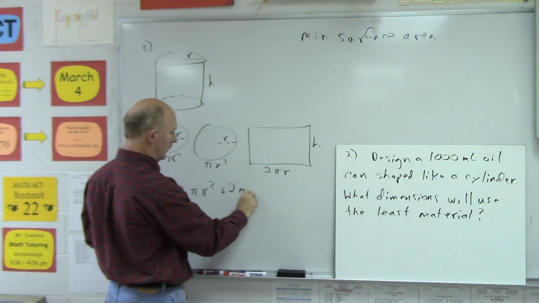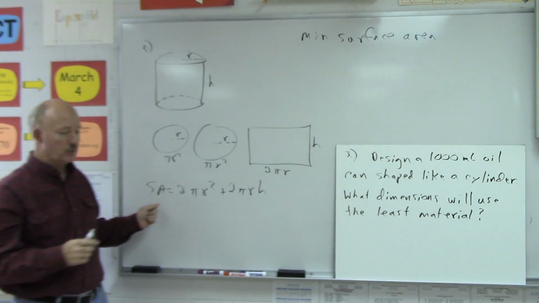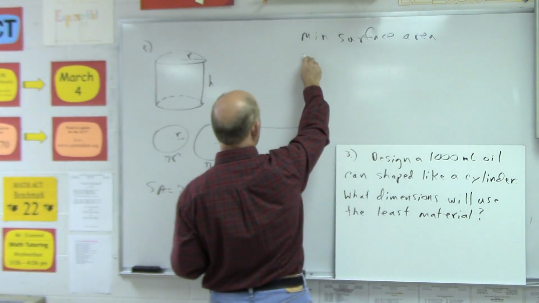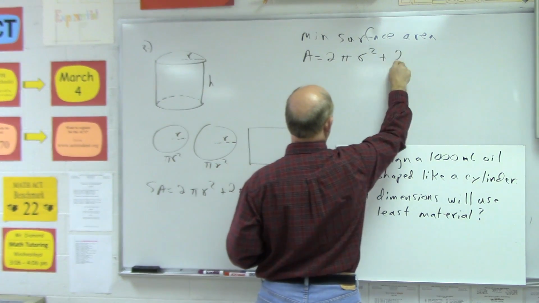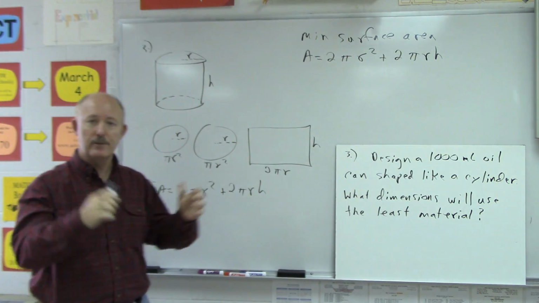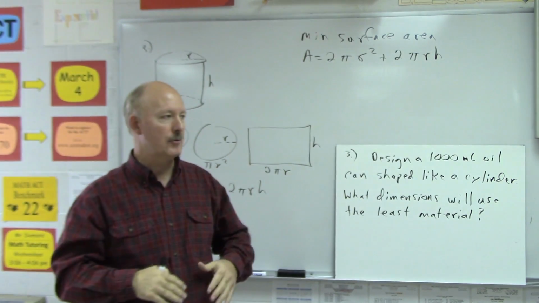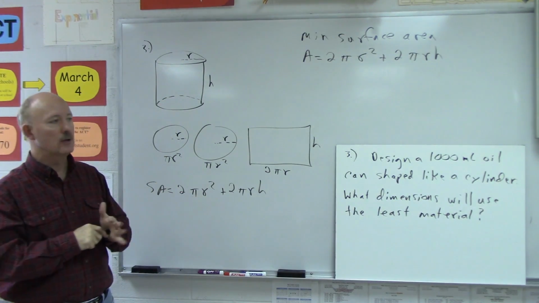So it would be 2 pi times the radius times the height. That's our surface area formula. I'm just going to call it A. So A equals 2 pi r squared plus 2 pi r h. Hopefully most of you remember that from your geometry classes. This is our surface area formula to find the surface area of a right circular cylinder.